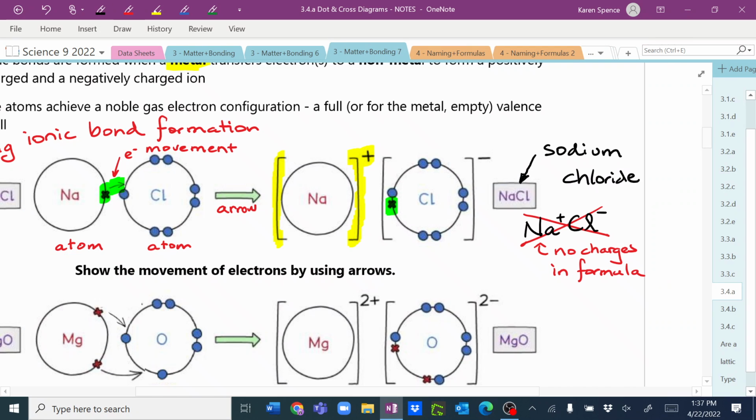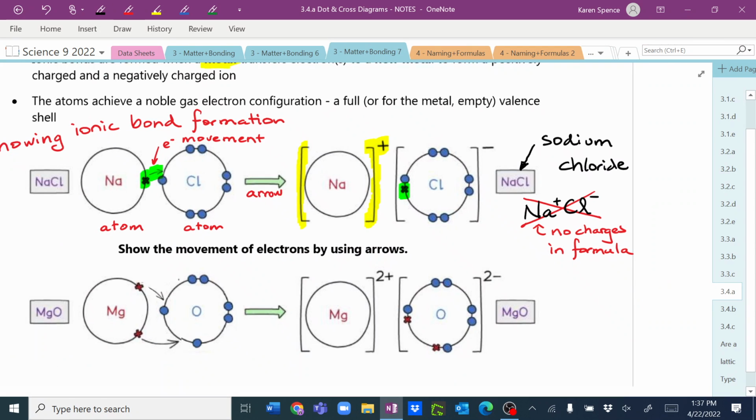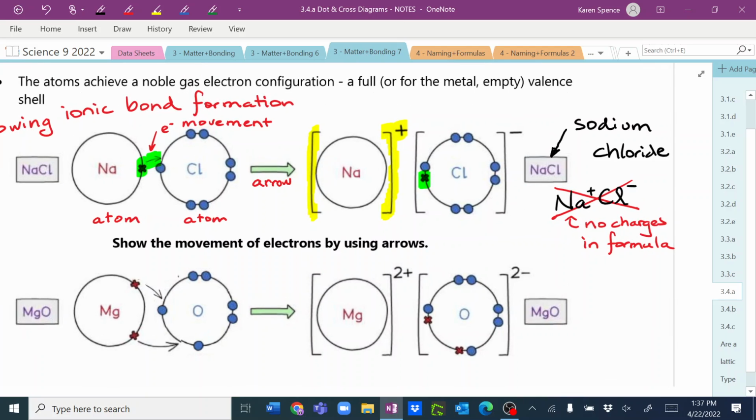Here's another one. We have magnesium and we have oxygen. And you'll notice that oxygen has two holes. You don't have to draw the holes, that's not a requirement, okay? Sometimes I like to, just so I know where things are going. So oxygen has two holes, and the nice thing about magnesium is that it has two electrons that it would like to get rid of.